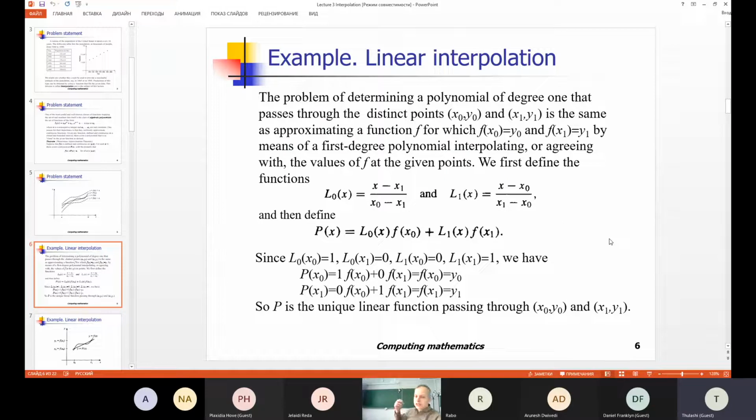It means that P is a unique linear function passing through two given points, x0, y0 and x1, y1.